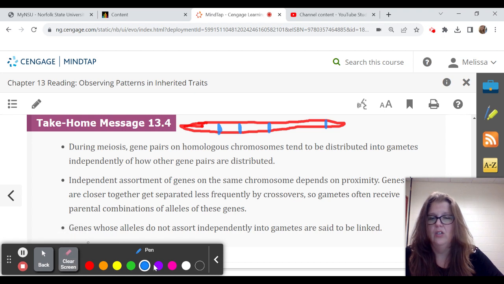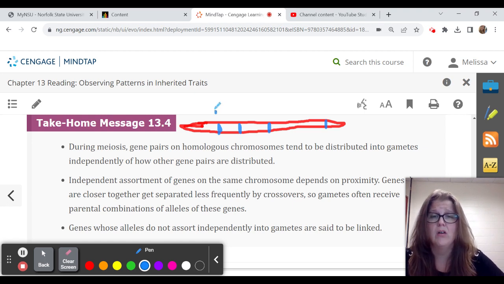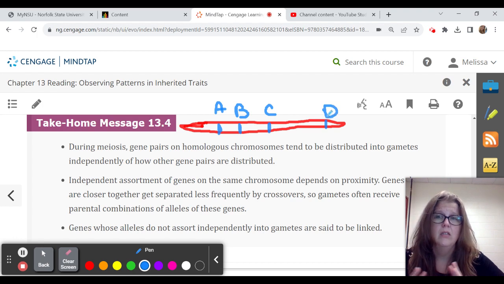Then your likelihood of them being separated depends on how far apart they are. So if this is our gene, we're just going to call this gene A, gene B, gene C, and gene D. Or really, I should say locus A, locus B, locus C, locus D.